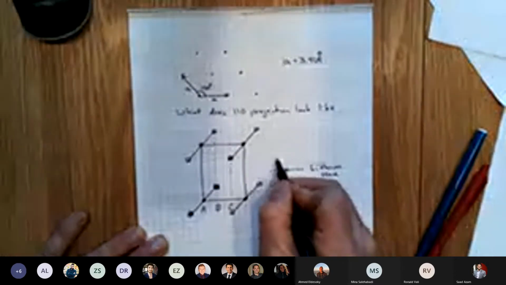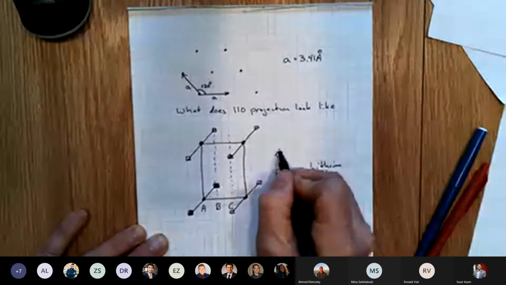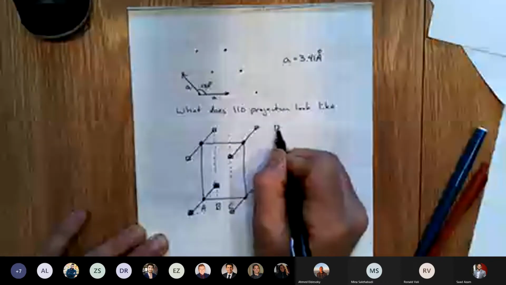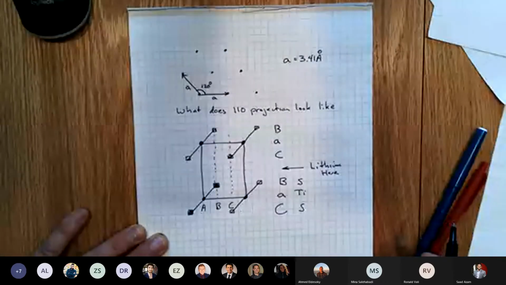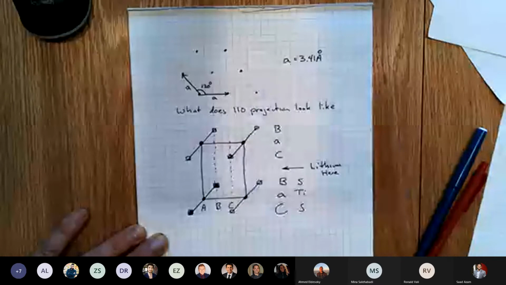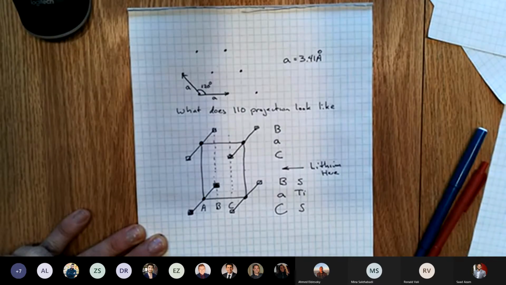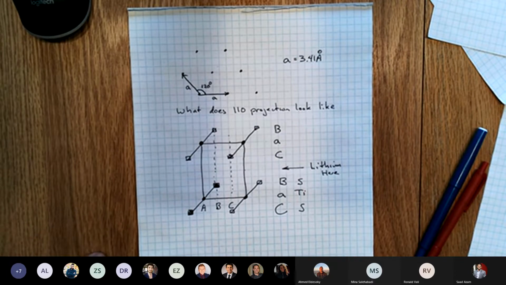And then it goes C, A, B, and repeats. So that's the way a titanium disulfide structure is made up. If you wanted to know the atom positions, the titanium is at 0, 0, 0. It's on the A site.